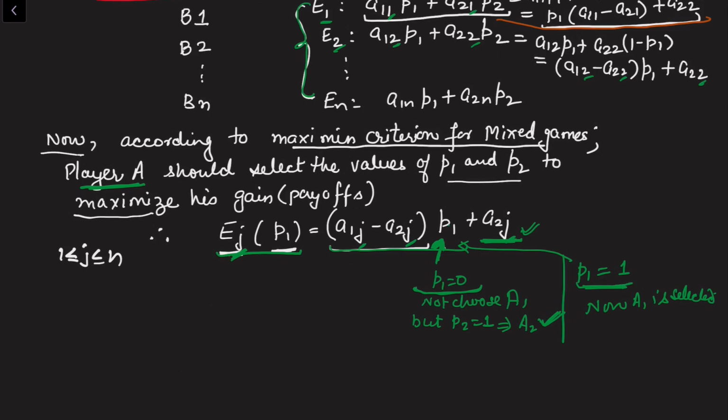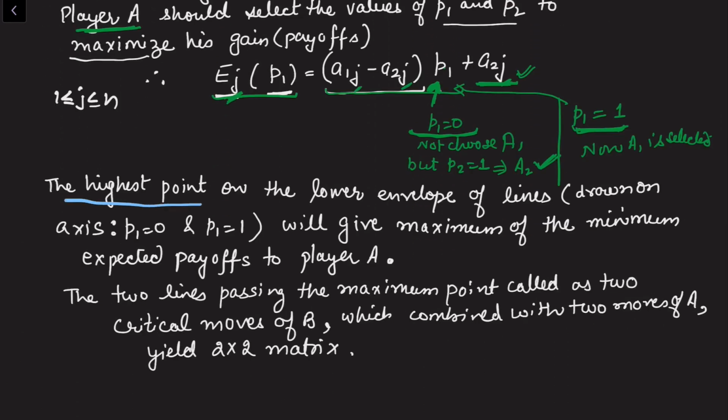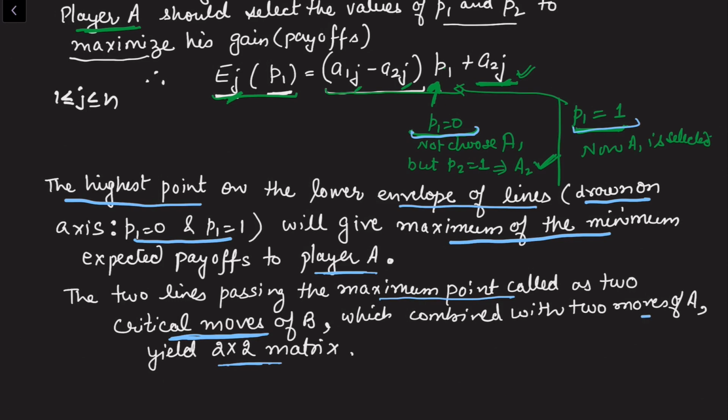In the graph, I am going to look at the options whenever P1 is 0 and whenever P1 is 1, considering these two as axes, and from there I understand what is the expected payoff for the player A. Hence, the highest point on the lower envelope of the lines that we draw with the two axes P1 equal to 0 and P1 equal to 1 will give the maximum of the minimum expected payoff for the player A. And these two lines that pass through the maximum point are called the critical moves. These are the two moves that we extract out of the n moves, which yields a 2 cross 2 matrix along with the moves of A.